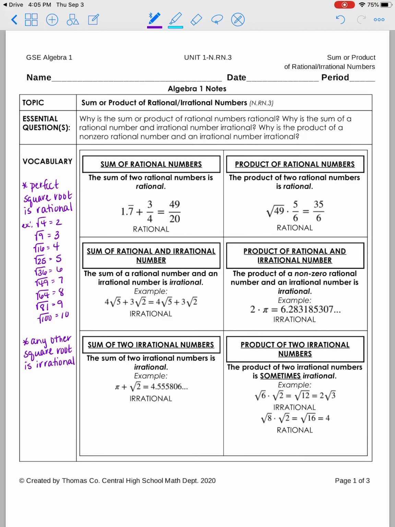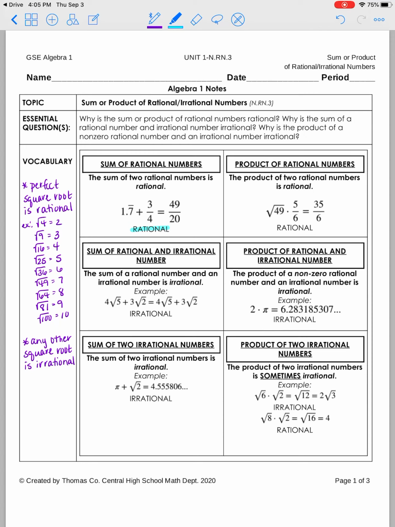So 49 over 20, is that rational or irrational? We know that that is rational because it is a fraction. Anything that can be written as a fraction is rational. So anytime I add, no matter what, two rational numbers, I'm going to get out a rational number.